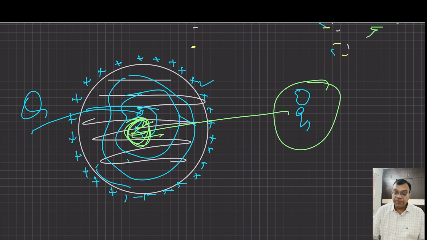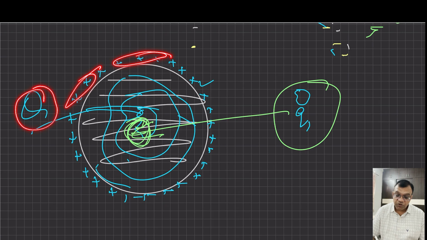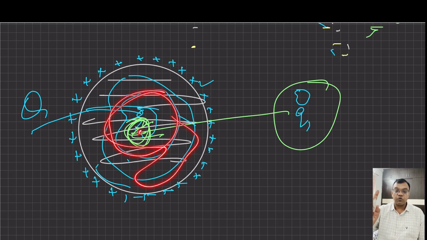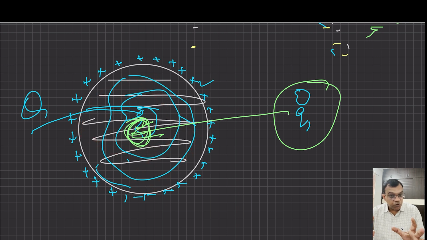So what will happen? The distribution of the charge on the surface will change itself, in such a way that the field inside becomes 0. The total field inside the conductor has to be 0.